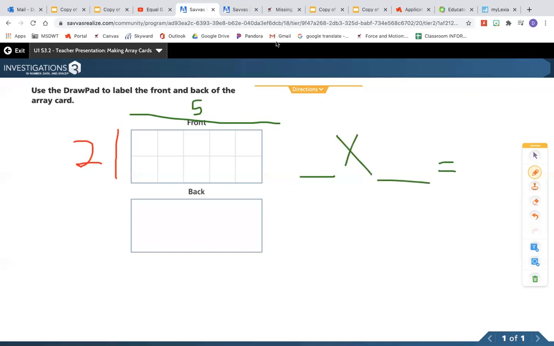Who thinks they could send me a chat and fill out my multiplication problem? Blank times blank equals the total number of squares. Go ahead and try and fill out that multiplication problem. What times what equals how many?